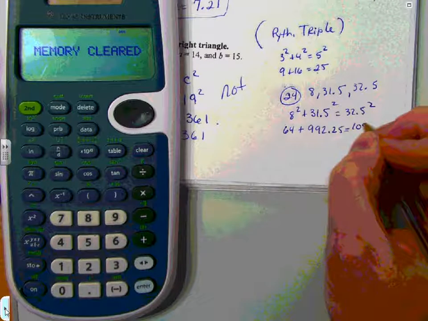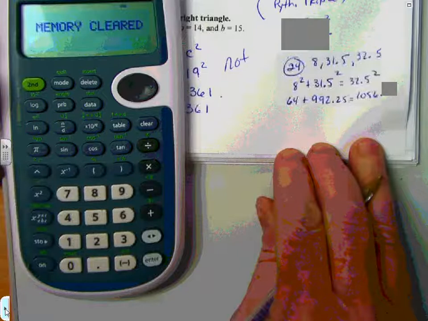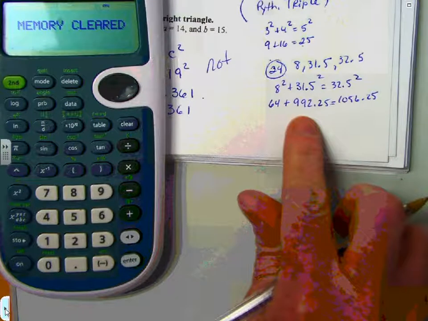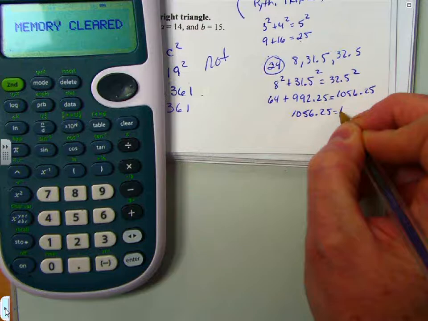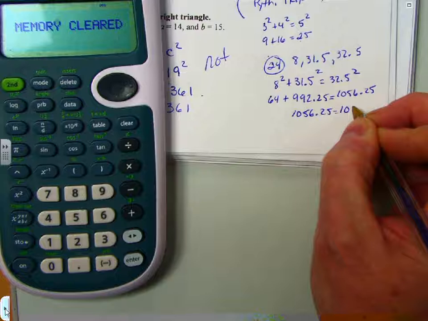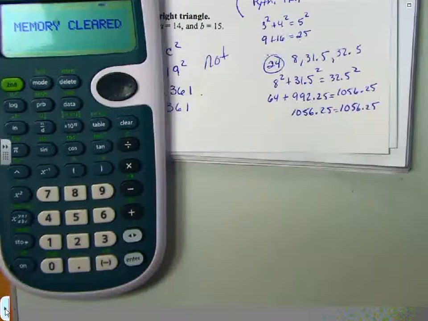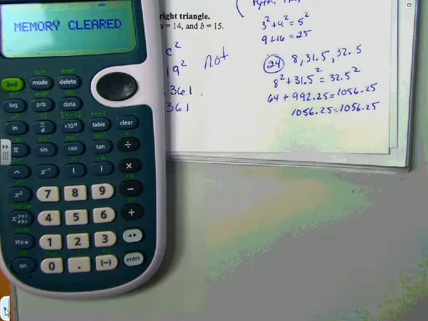All right. So let's do the math on this. 992.25 plus 64 equals 1056.25. It's perfect. Did it turn out okay?